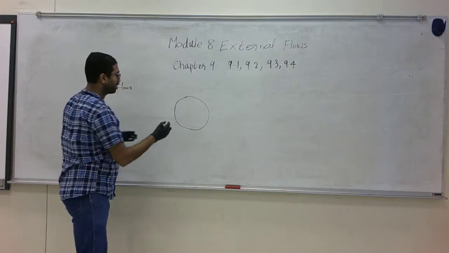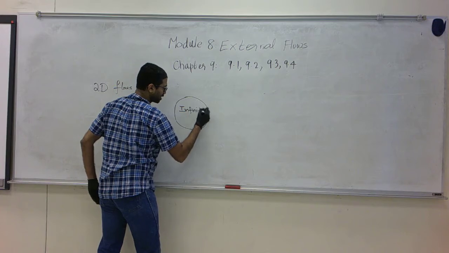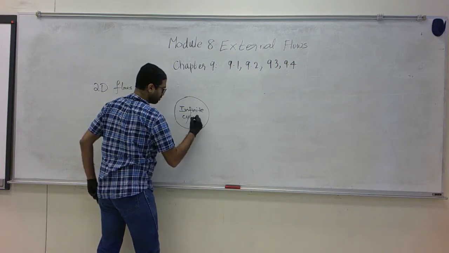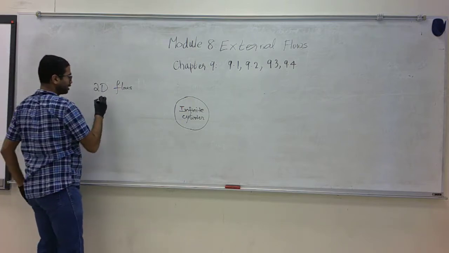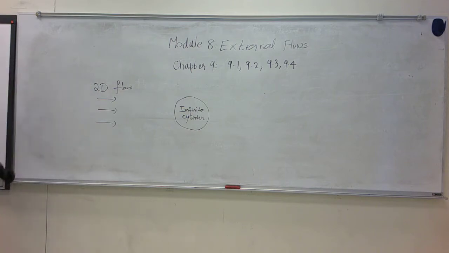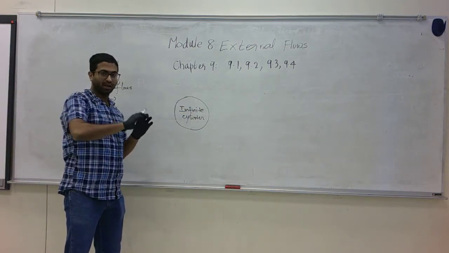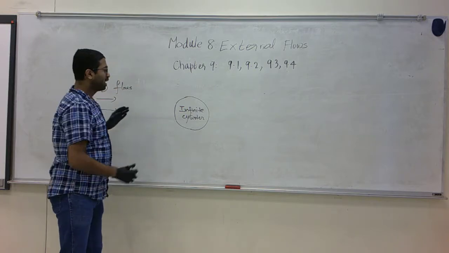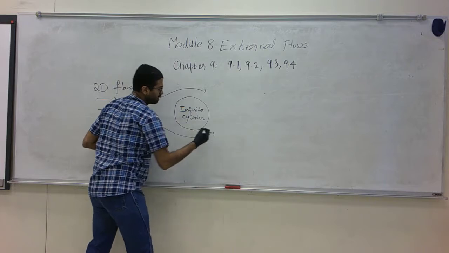That is, I have an infinite cylinder whose cross section looks like a circle, and I am having a flow that is going over the cylinder from left to right. You can imagine this to be like a very long telephone cable or electrical wire that is hanging, and the wind is blowing over the infinite cylinder.